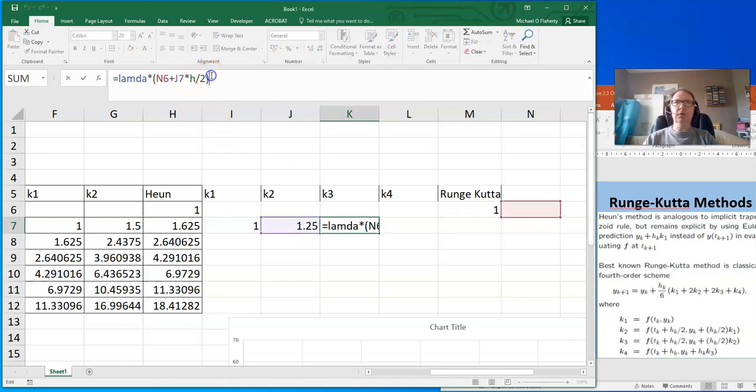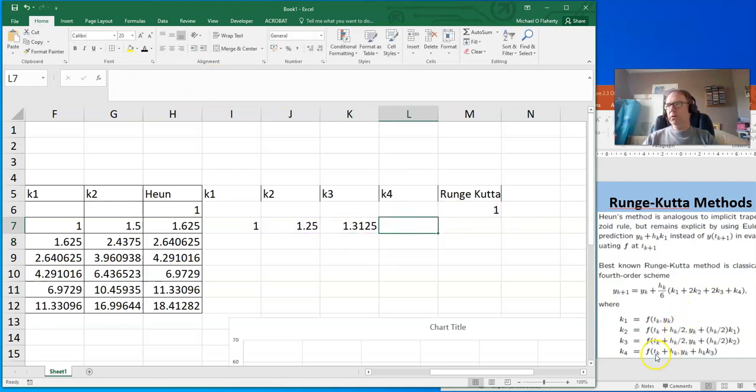Okay, we're not quite there yet because instead of N6, we need M6, the new y0. So this is M6 plus k2 times h over 2. And then multiply that by lambda to give us our slope, lambda y.